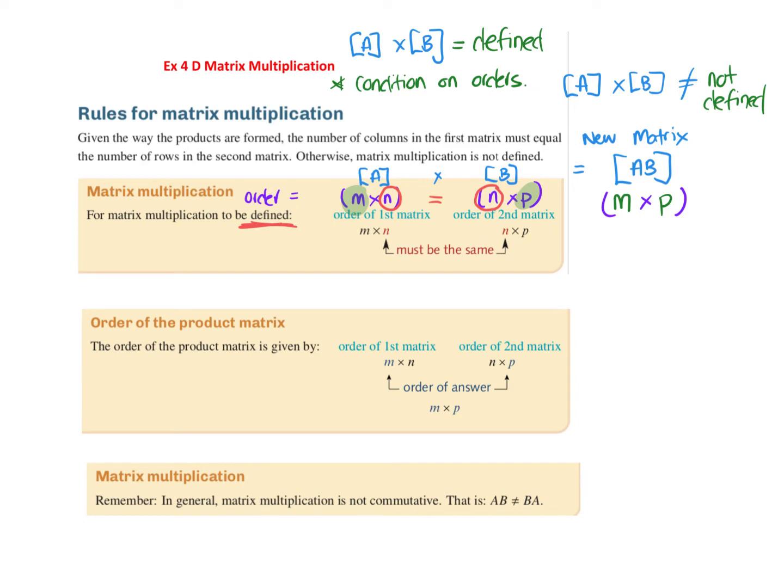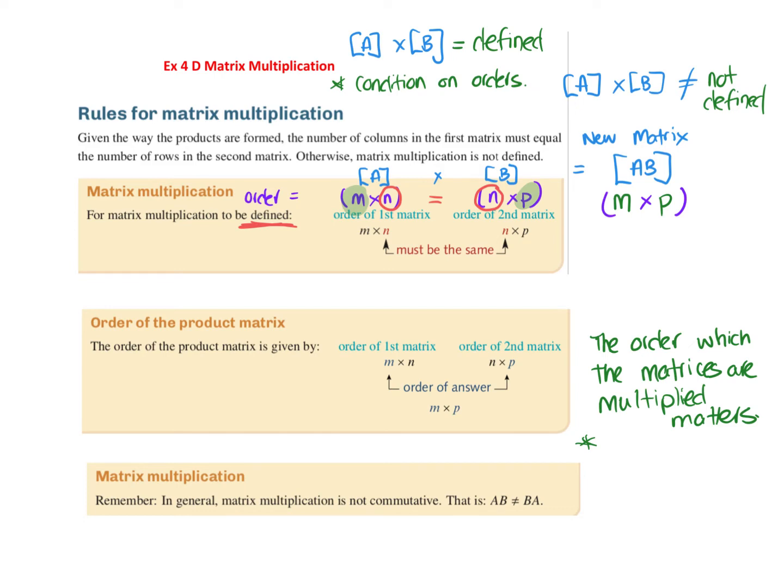So we might want to write that the order in which the matrices are multiplied matters. What that means is A times B may be possible, but B times A may not be.